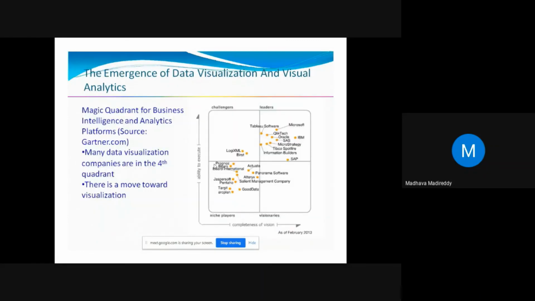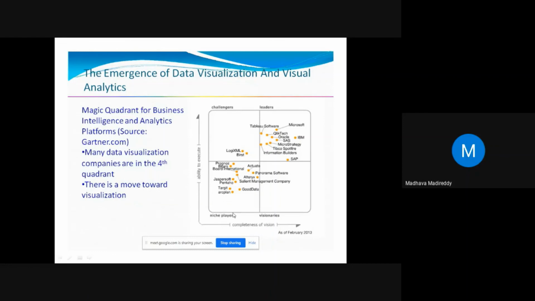The emergence of data visualization and visual analytics. Many data visualization companies have gradually improved their vision and their ability to execute. They gradually became visionaries from niche players, and they were able to execute on a global scale.